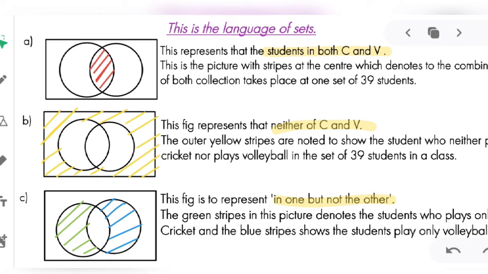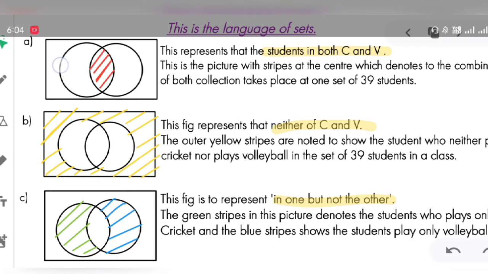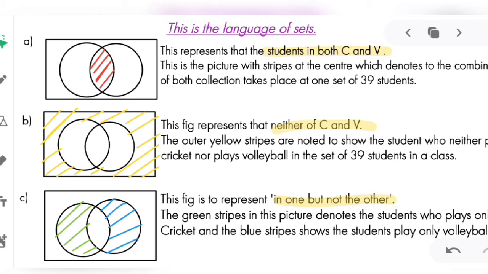Because this square represents the whole set and the circles represent the collections, and this overlapping area represents the objects present in both objects. If you have two collections, then this area represents the objects that are present in both collections.